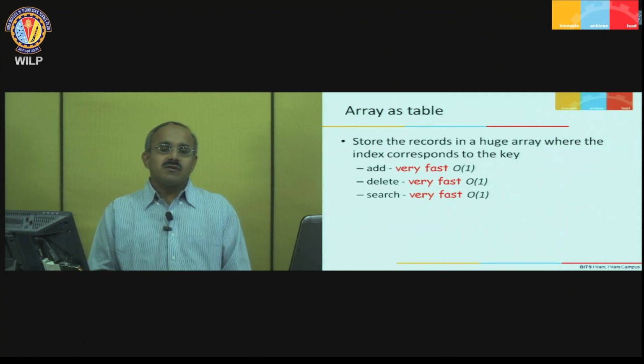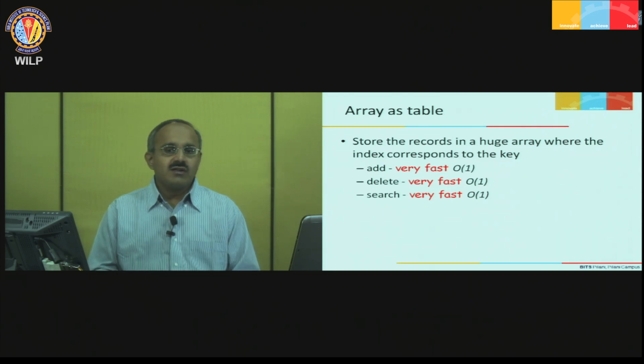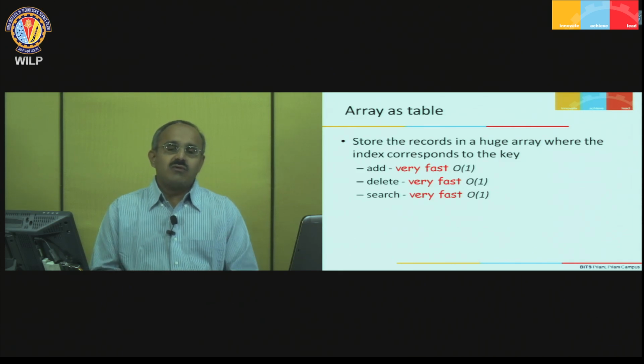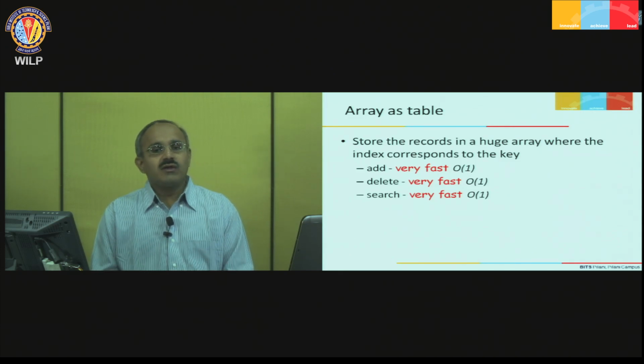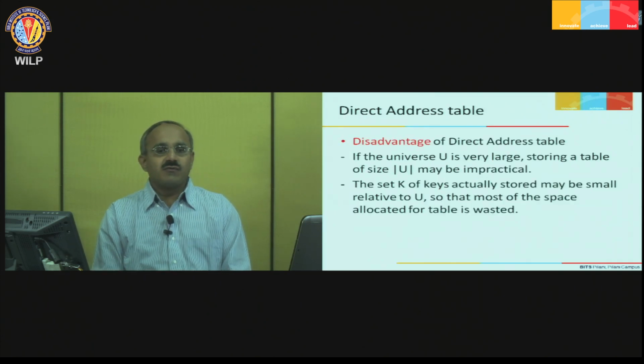If that slot is nil, then the key is not present. If the slot has the key, then the search is going to be successful. So, this particular scheme of storing data, using a direct address table, is extremely efficient in terms of performance. Though it is efficient in performance, it is bad in storage.